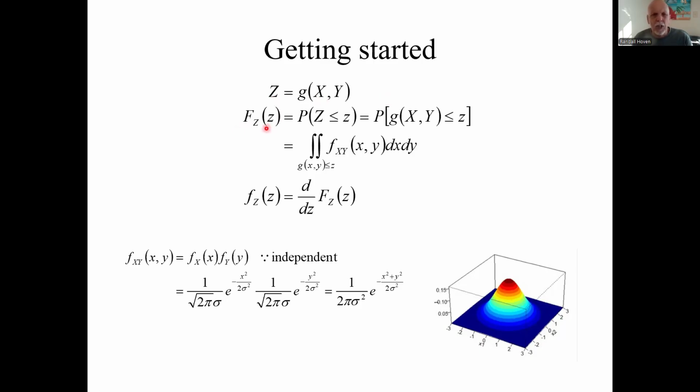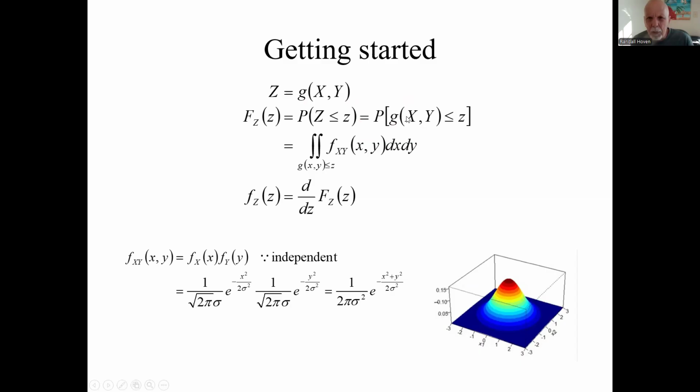Well, the definition of the cumulative distribution function of a random variable, we'll call that uppercase F here, of Z, is this probability. That's a definition. Probability of the random variable is less than or equal to some argument you give it. And in this case, you plug in this function. So that becomes this probability.